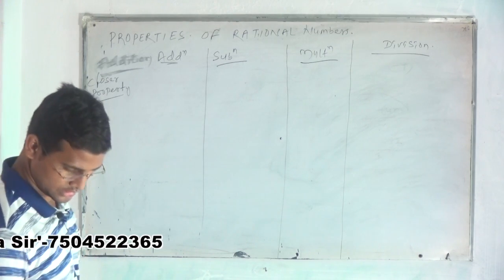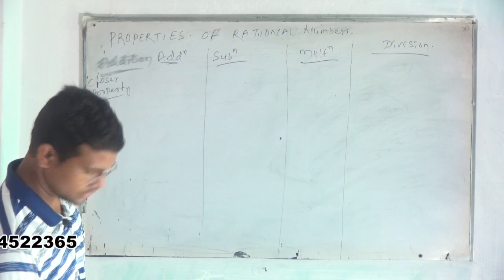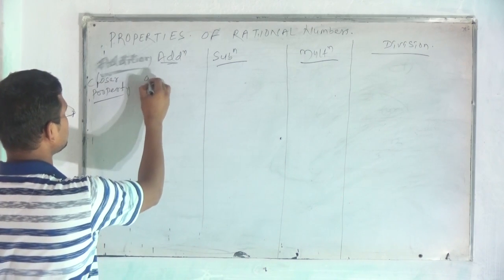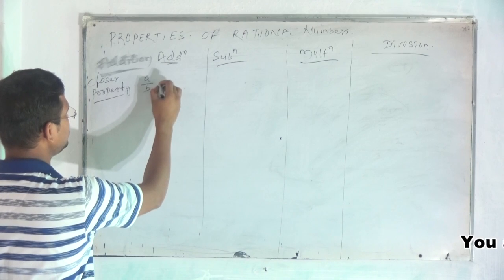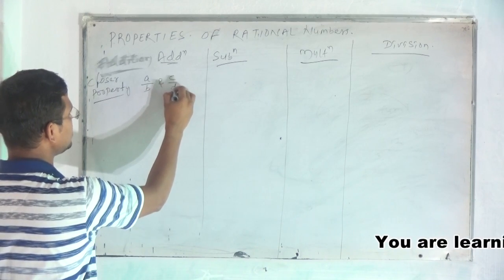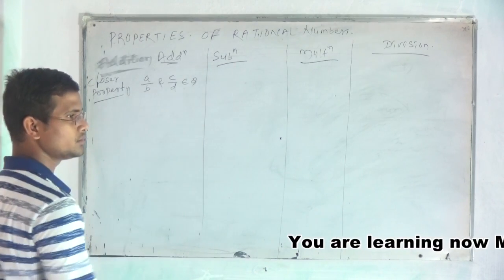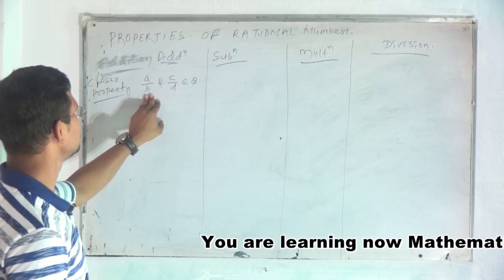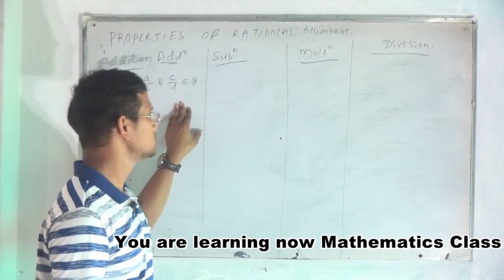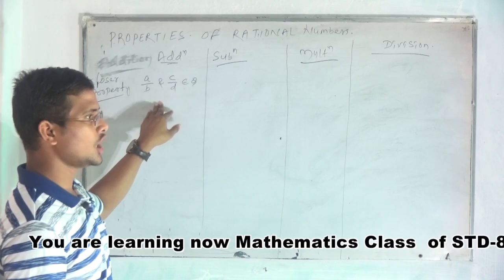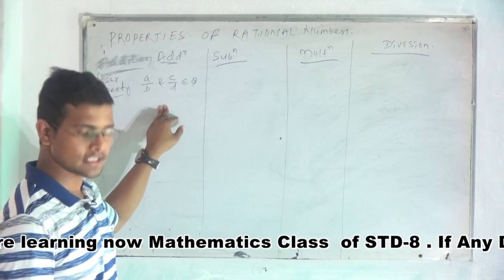That means if we take two rational numbers a by b and c by d belonging to Q, those are two rational numbers.